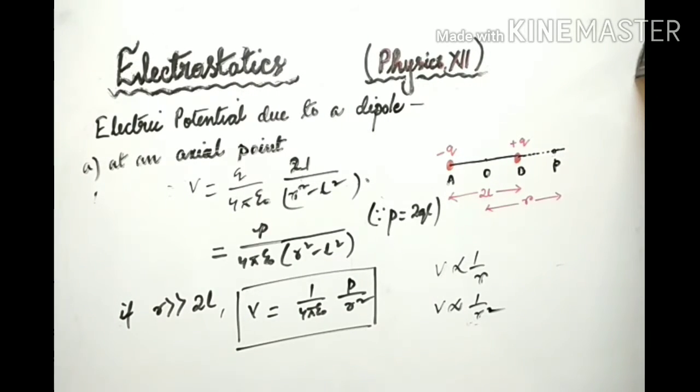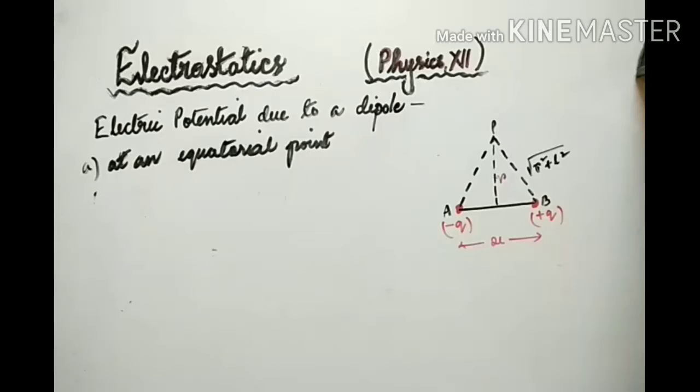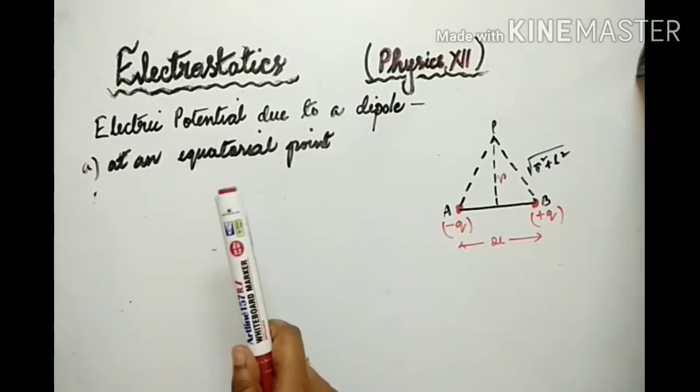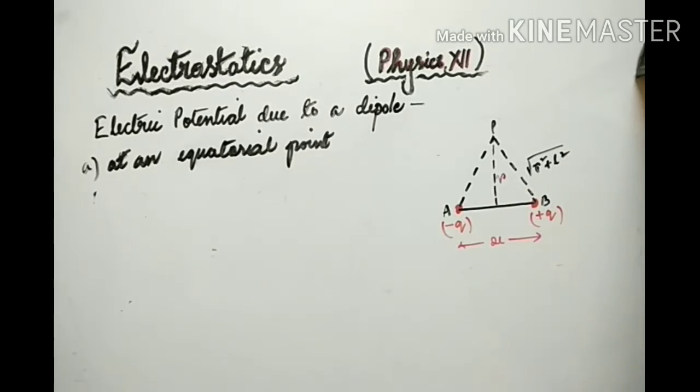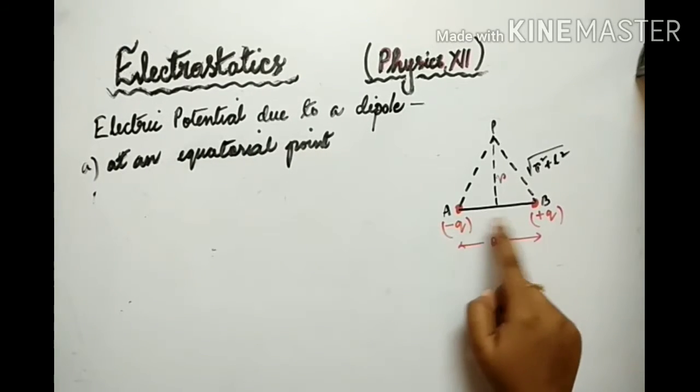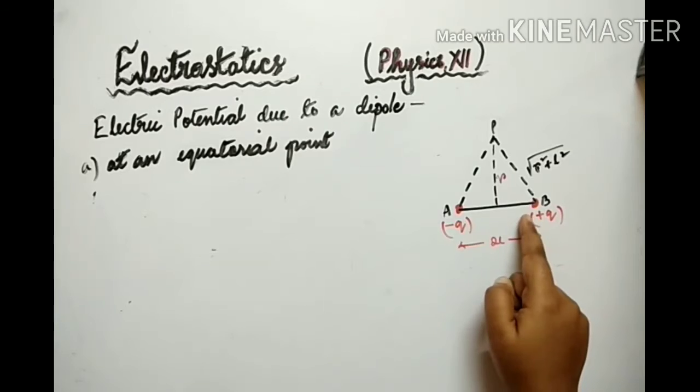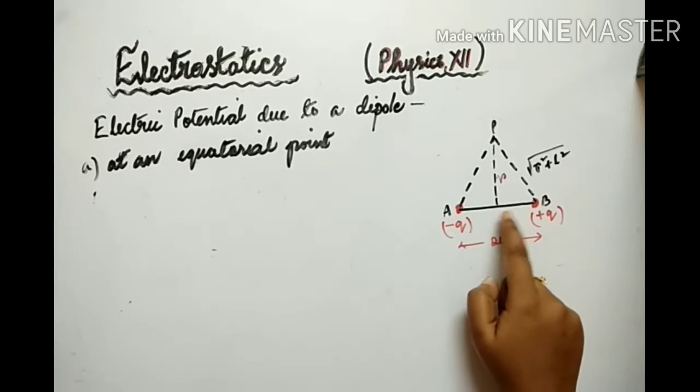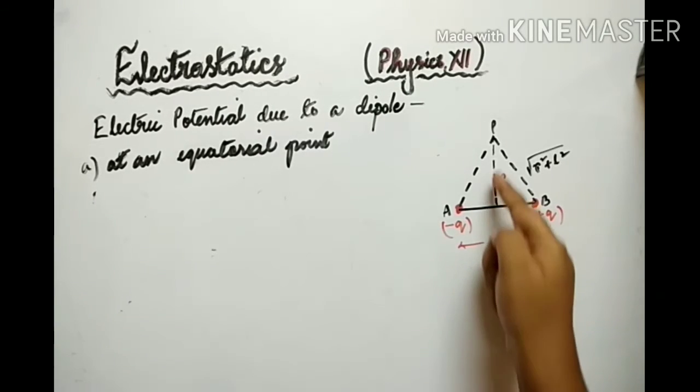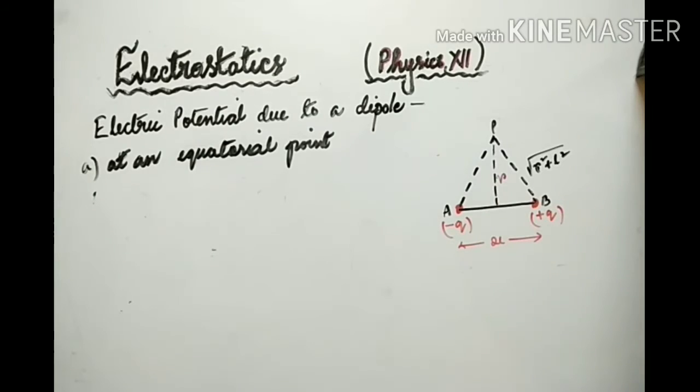So now we are going to discuss electric potential at an equatorial point. Now we will find out the electric potential due to a dipole at an equatorial point. If you draw a perpendicular bisector of this dipole, you will get this line, and on this line we can choose any point.